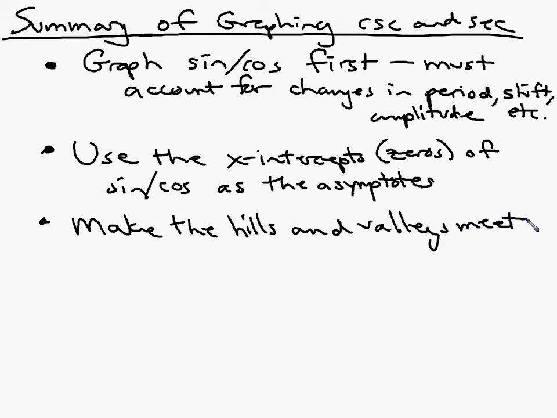Now, I'm not going to go all the way through another example, but I want to answer what I know is going to be one of your questions. Well, how does this work, the change in period or whatever? Let's just start an example, and then I think the light bulb will come on.